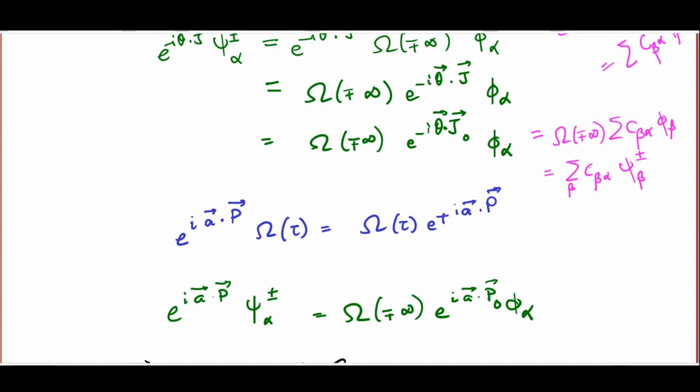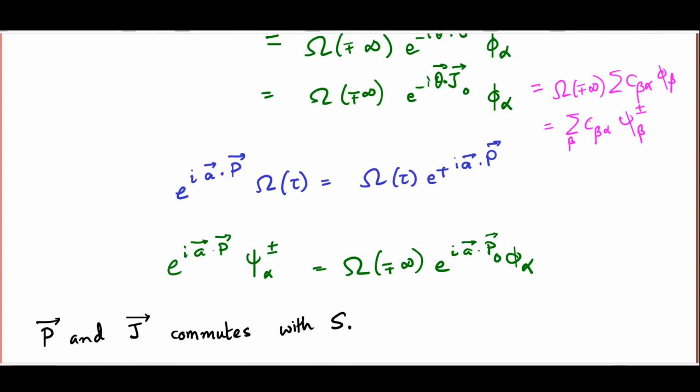Now, the fact that P and J commute with both H and H0 makes it obvious that they commute with S. So that part of our job is done. But what about K?